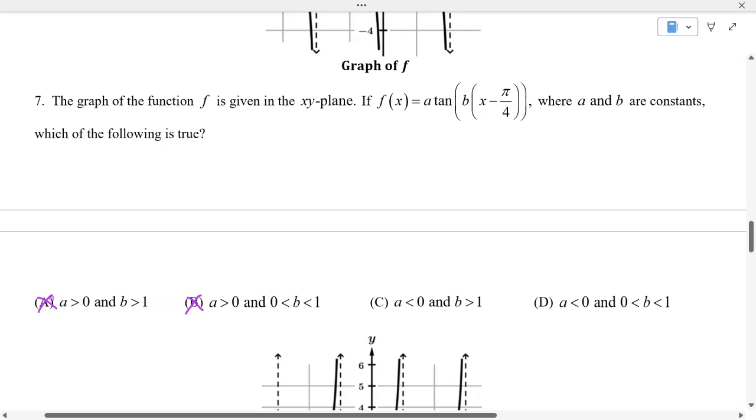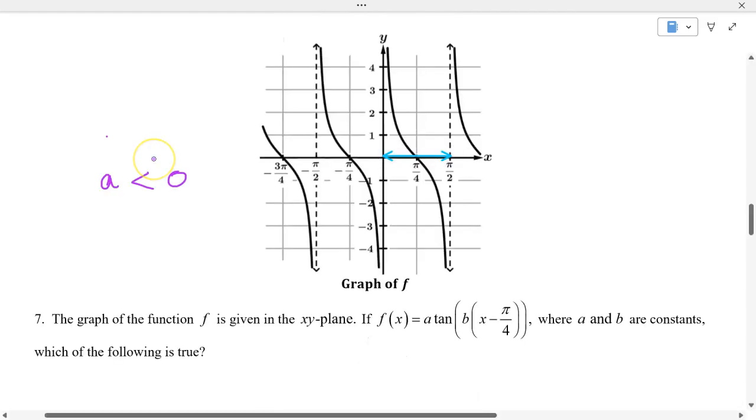Now let's talk about that b value. The period of a tangent function can be measured from asymptote to asymptote. From 0 to pi over 2 gives us a period of pi over 2. We can use this to find the b value. We have learned that for a tangent function, the b value is always pi divided by the period. So in this case, that's pi divided by pi over 2.